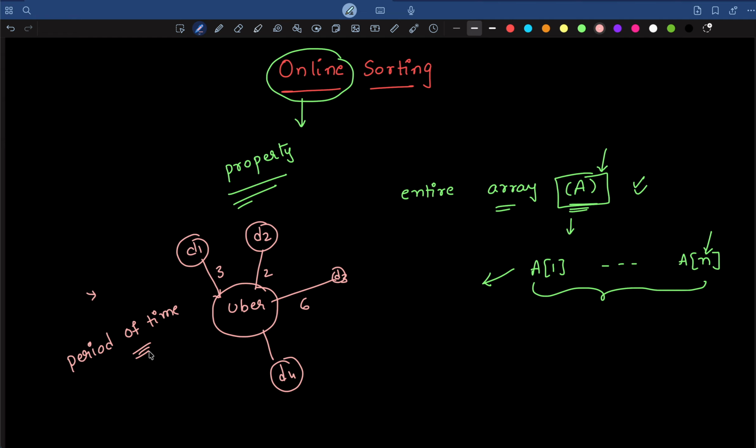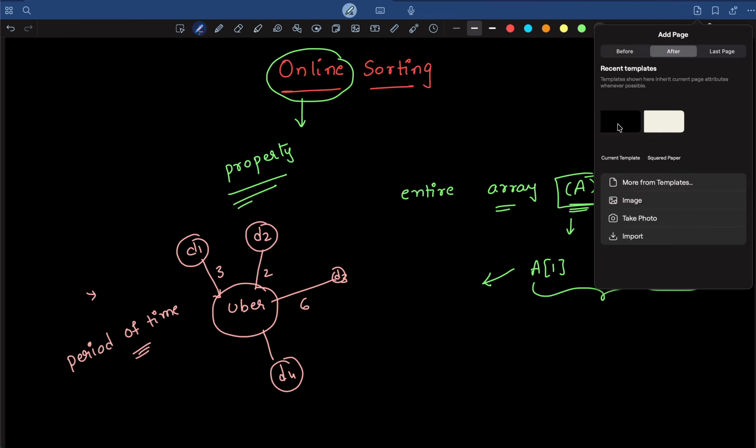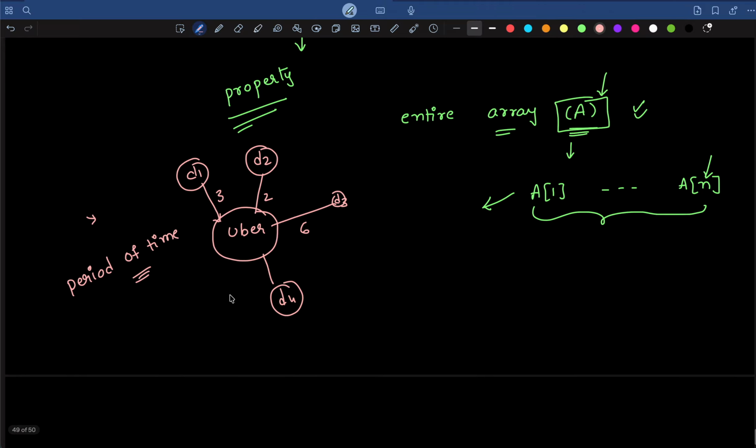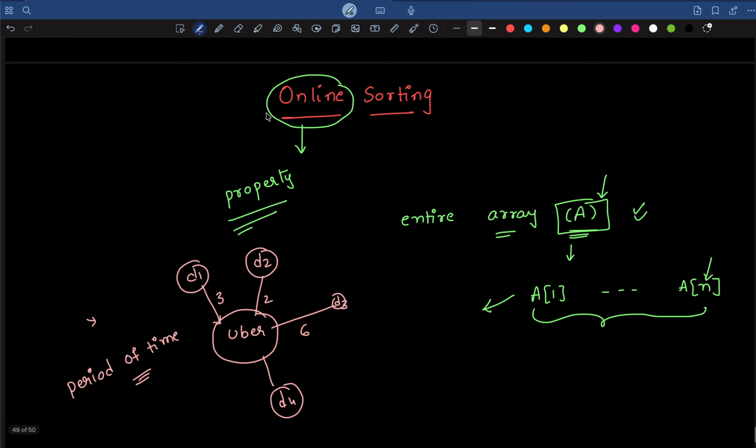From this context, we'll understand what an online sorting algorithm is. If your sorting algorithm can handle data that arrives one element at a time over a period of time without requiring the full data set at the beginning, then it is called an online sorting algorithm.